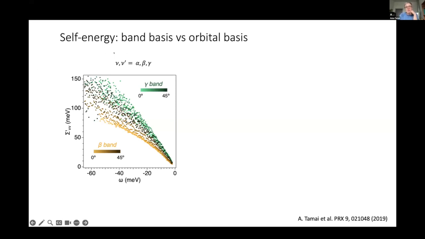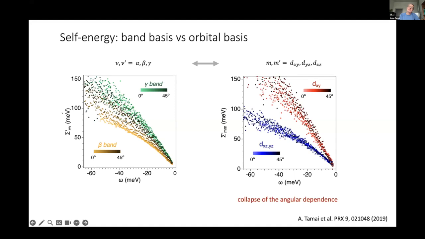If you look at the problem, instead of in the band basis, alpha, beta, gamma Fermi sheets, in the orbital basis, so whether these states have either dxy, dyz, or dxz orbital character, you see that this complicated picture immediately collapses into two well-defined self-energies, one for the dxy and one for the out-of-plane dxz, dyz orbitals. And this is also what single-site DMFT finds.